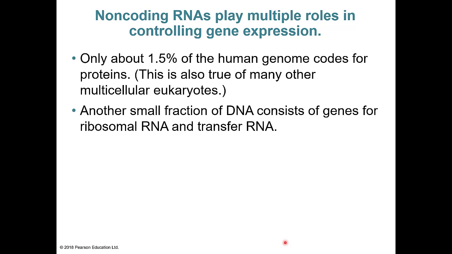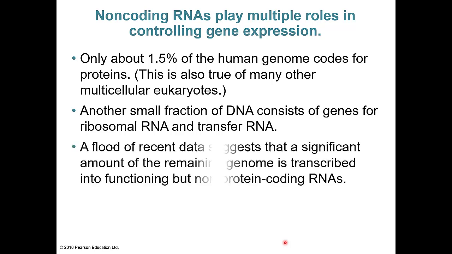One other way that we could influence the making of proteins in a cell is by altering the production of our transfer RNAs and the production of our ribosomal RNA. A lot of recent evidence suggests that a fairly large portion of our genome is transcribed into functional RNAs, but not protein coding RNAs. So they can have some function, they're just not there to make traditional proteins.